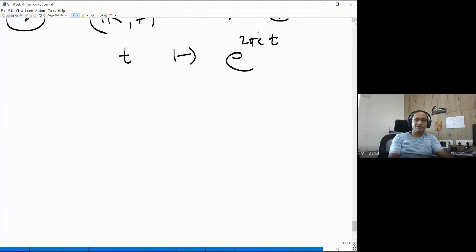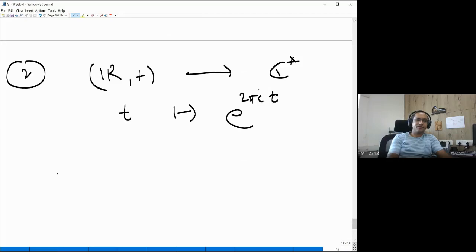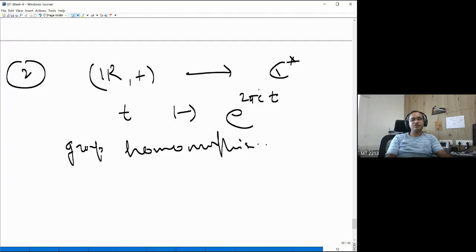Is that clear? Because e to the power 2 pi i (t1 plus t2) is e to the power 2 pi i t1 times e to the power 2 pi i t2. So it's a group homomorphism.